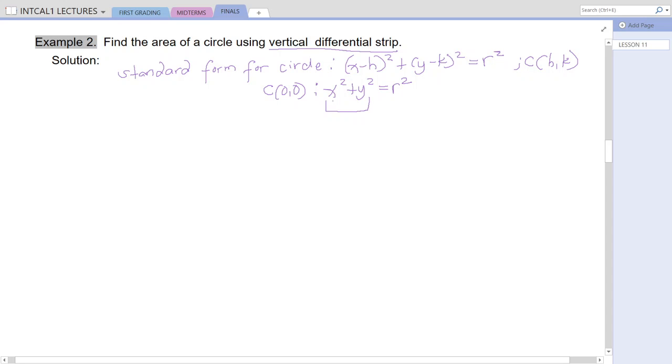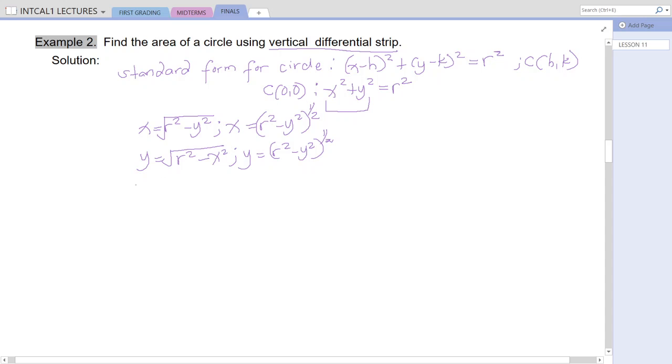Now if you're going to get the value in terms of x, that is x equal to the square root of r squared minus y squared, or rewritten, x is equal to r squared minus y squared raised to 1/2. And in terms of y, that is also equal to the square root of r squared minus x squared, or r squared minus x squared raised to 1/2.